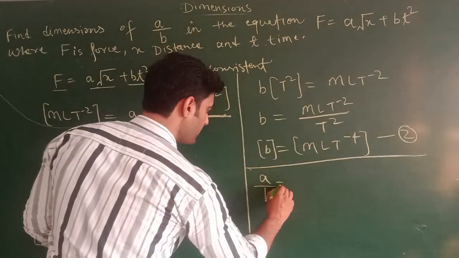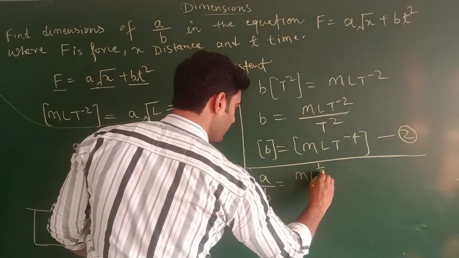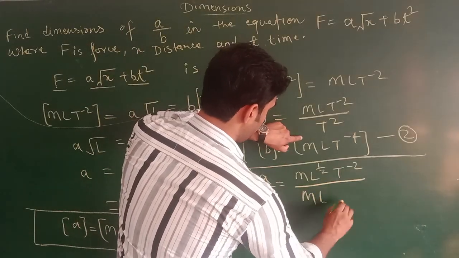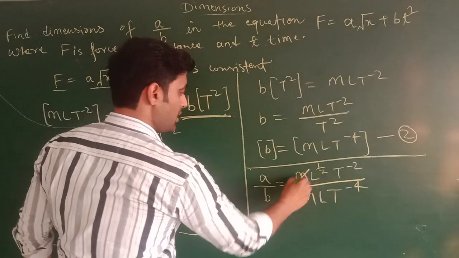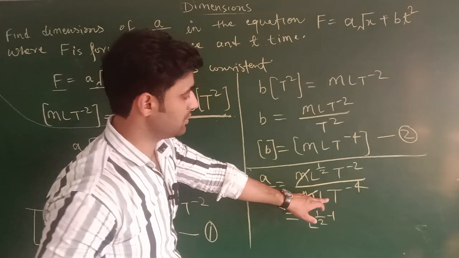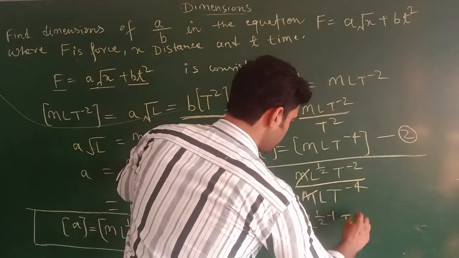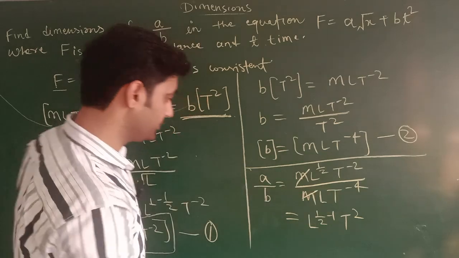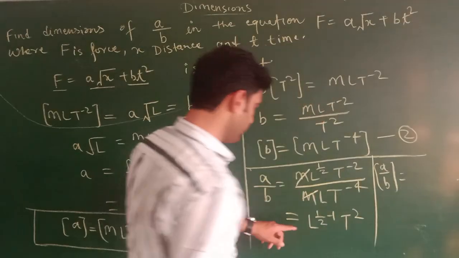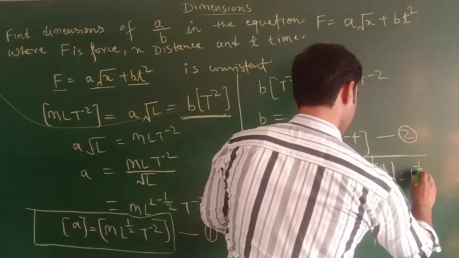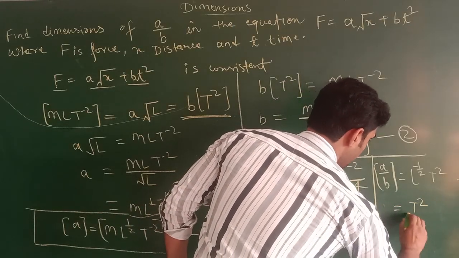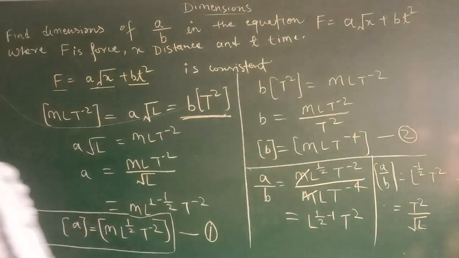So equation number 1 is M L half T minus 2, divided by M L T minus 4. Mass to mass cancels. So this becomes L to the power half minus 1, as this L will go in the numerator, and this T becomes T to the power 2 minus 2 plus 4. So a by b becomes L to the power minus half and T to the power 2. So this can be expressed as T to the power 2 divided by under root L. So this is the dimensional formula of a by b.